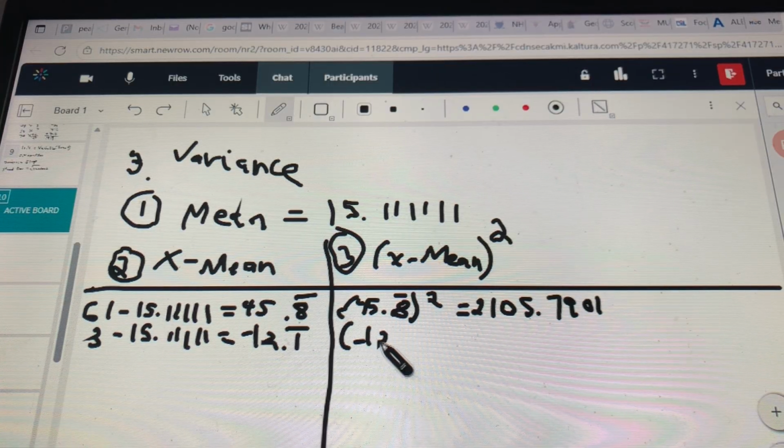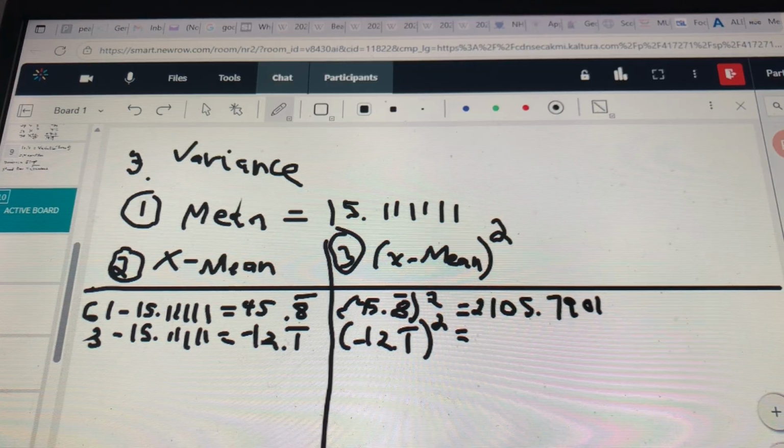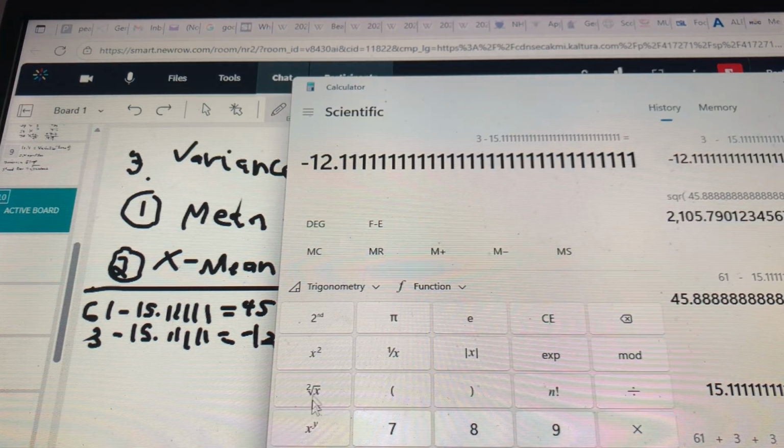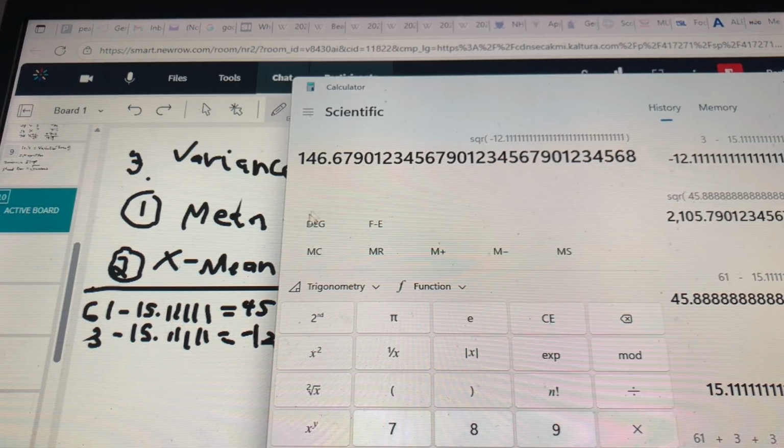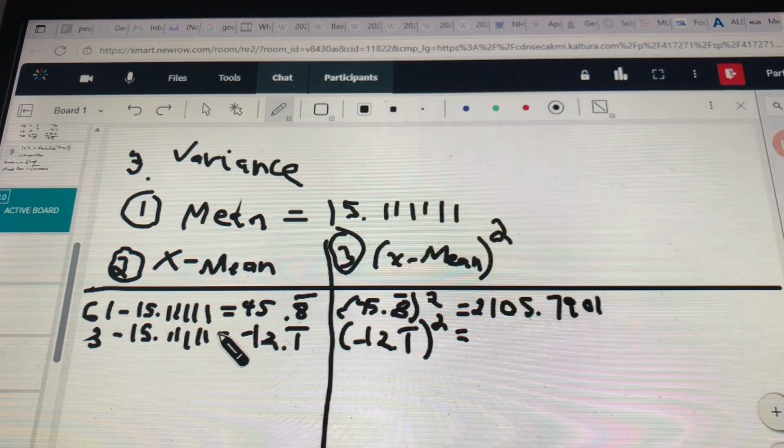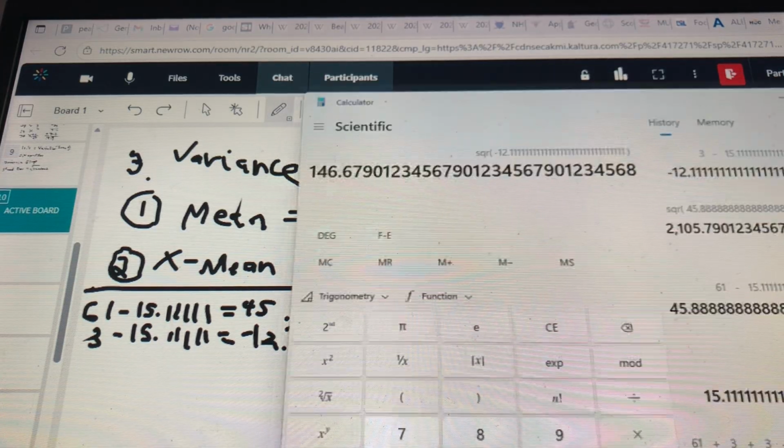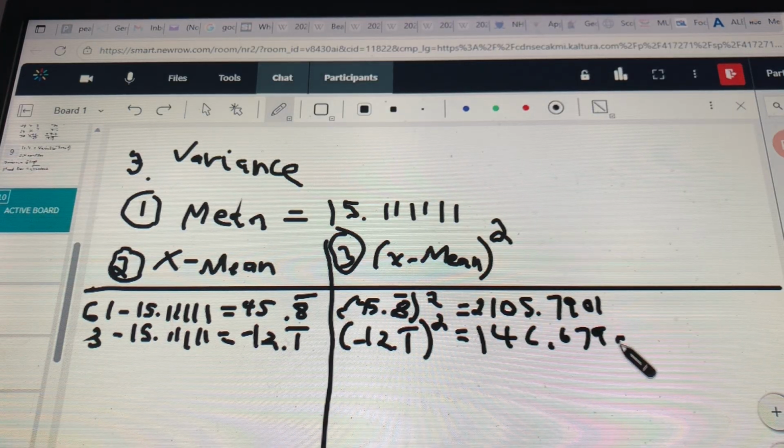So now if I do negative 12.1 repeating and square it, 146.6790. Well, there's a repeat, so the next one has to be the same. So that saves me a little time. I can just rewrite this one.